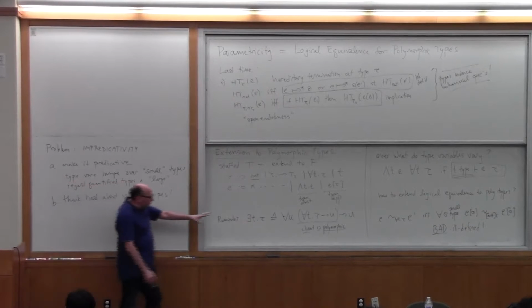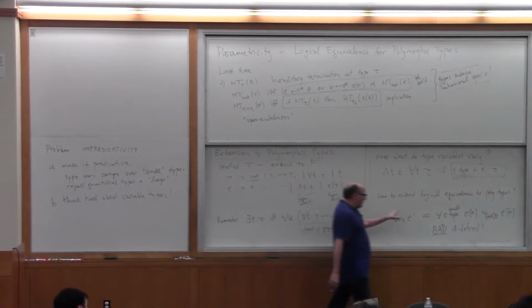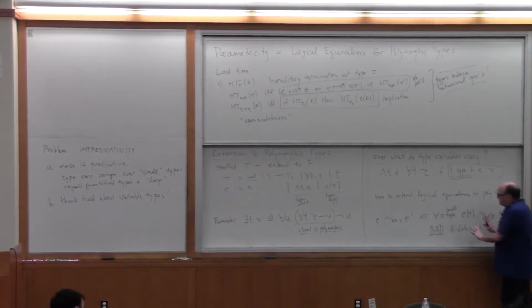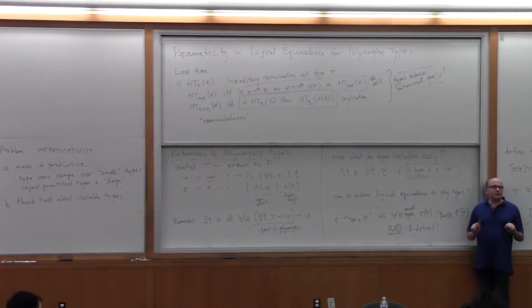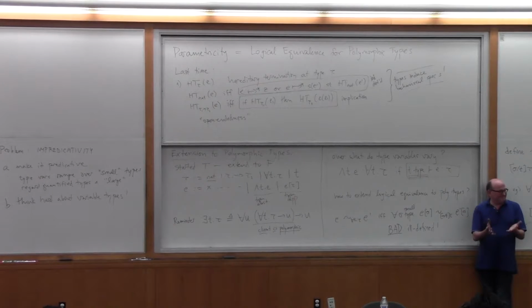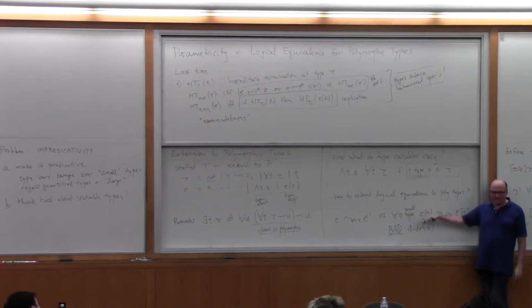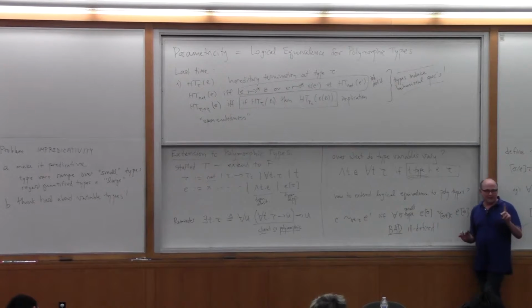So if you look at what I'm doing here, even if I do that small hack or not, what I'm doing is saying type variables range over type expressions. The syntax. That's not what I want. That's what's wrong with the thing I'm going to do here. I don't want that.